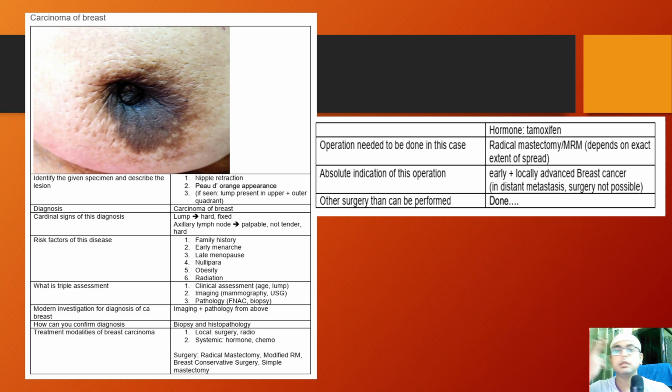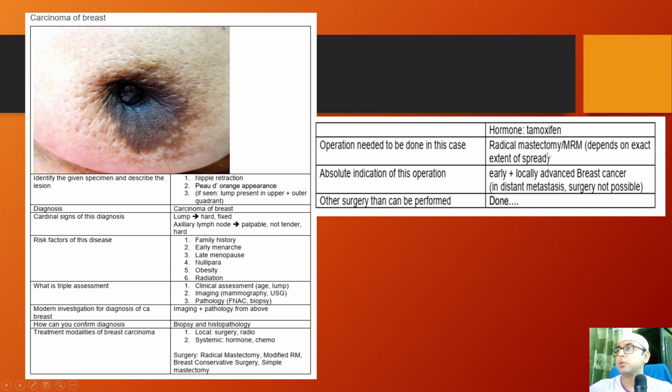Then, when the tumor size is reduced, you can perform breast conservative surgery and sentinel lymph node biopsy. If the lymph node is positive, in that case we will go for axillary dissection or axillary clearance, and if it is not, then you can do wide local excision, like BCS and quadrantectomy also.